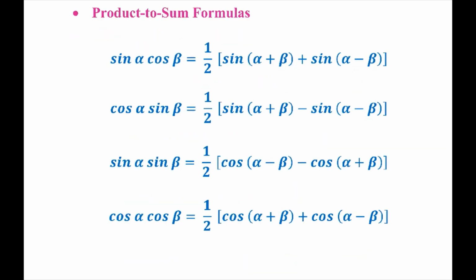Now for this question, sine 3 beta divided by 2 times cosine beta divided by 2. Let's see which formula we are going to use. Sine multiplied by cosine, we're going to use this formula here, which is 1/2 sine the addition plus sine the difference.